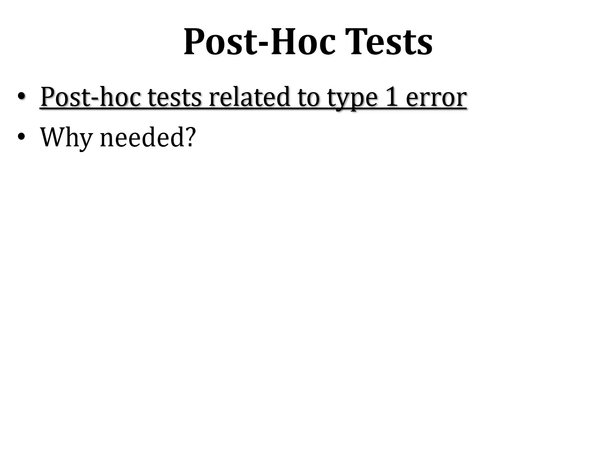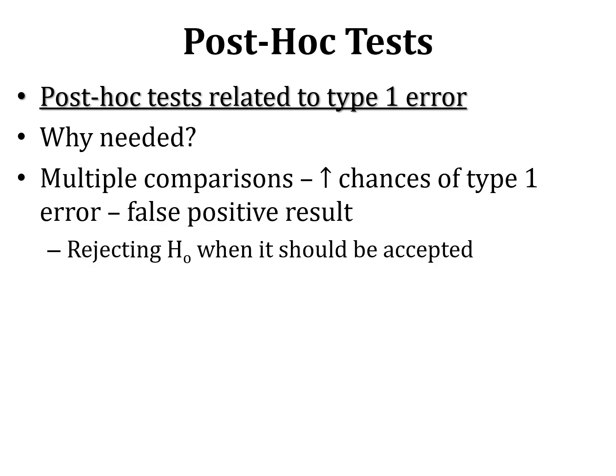So let's see examples. Again, the post-hoc test related to type 1 error. The question is why they are needed. We know that the chances of making type 1 error increase with multiple comparisons. So when we are performing multiple testing or multiple comparisons for a single experiment, then we increase the chances of making type 1 error. And what is a type 1 error? This is a false positive result, which means rejecting the null hypothesis when it should be accepted, right?